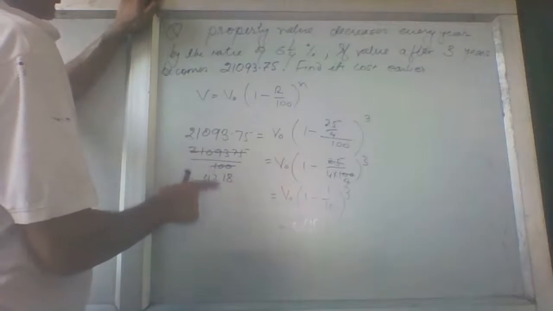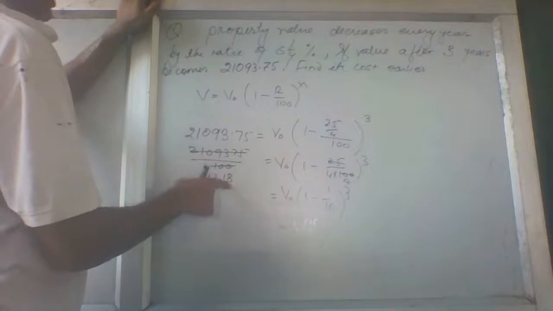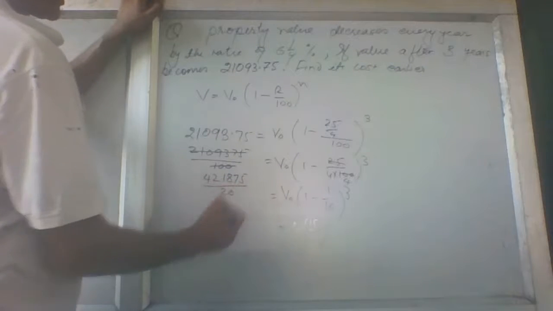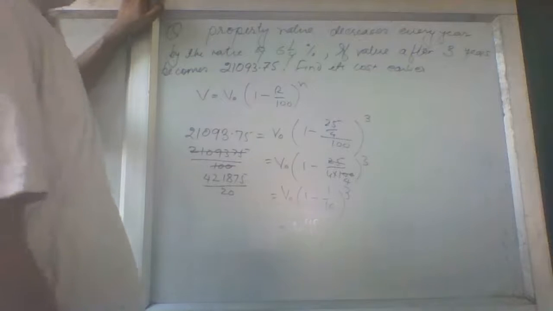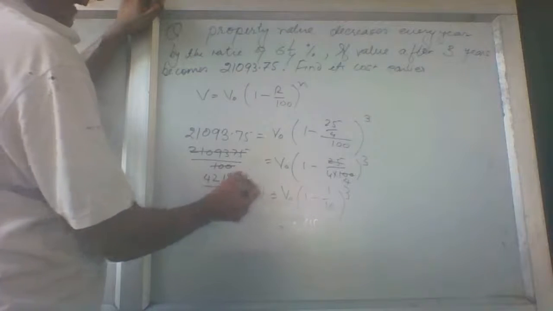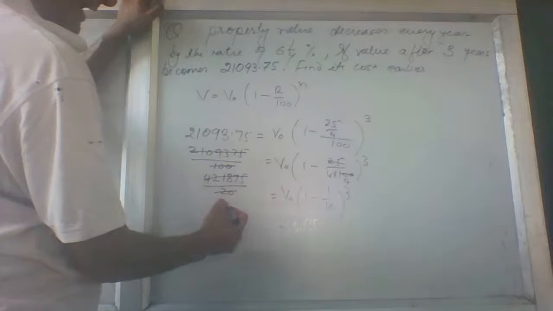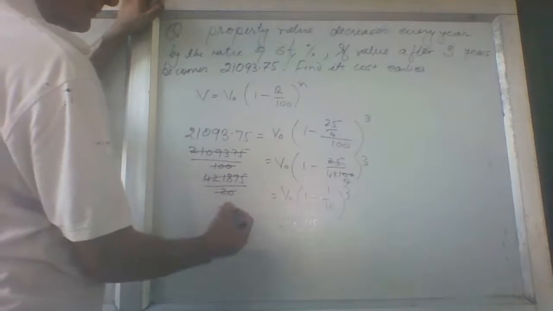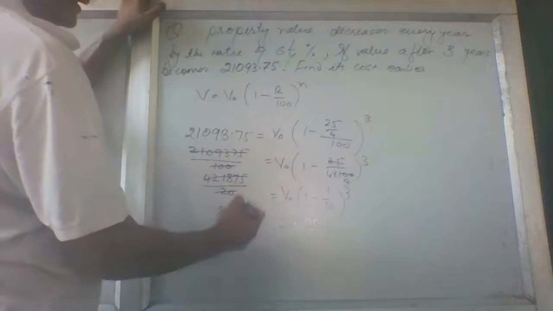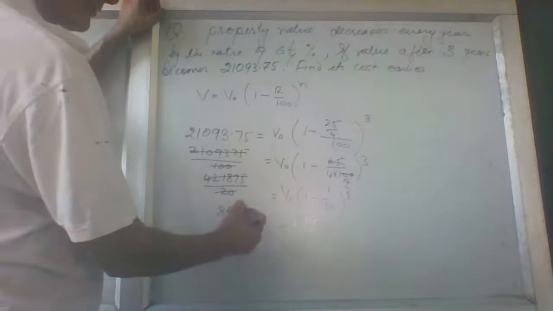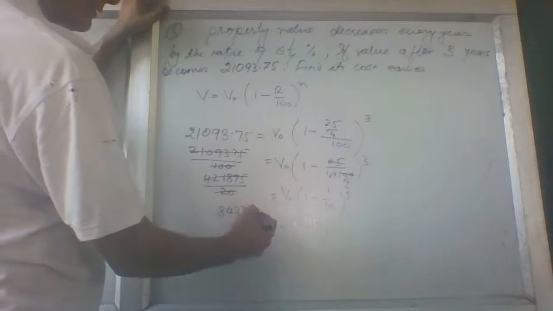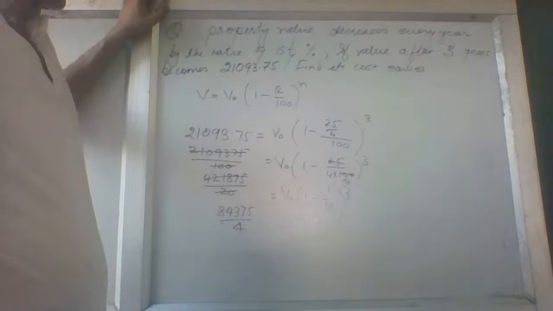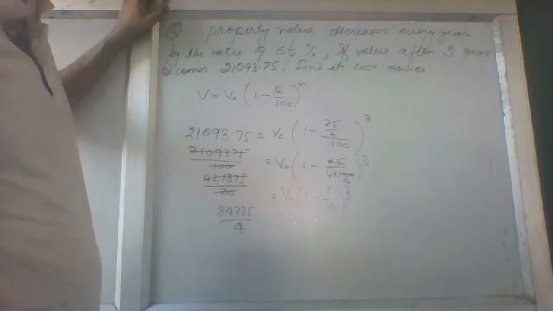Dividing by 5 again, we get 84375 upon 4.